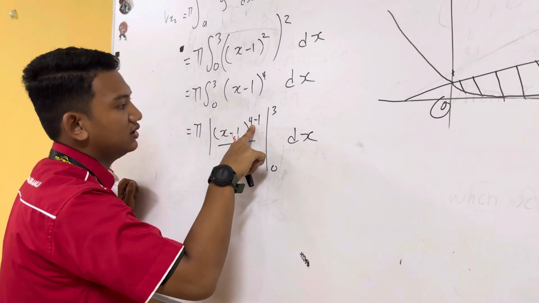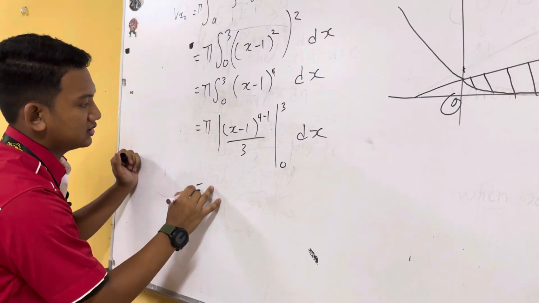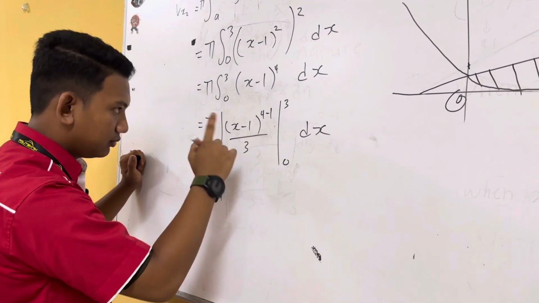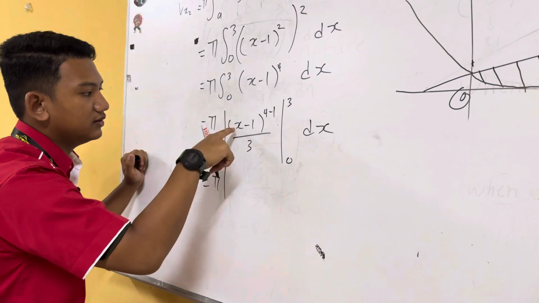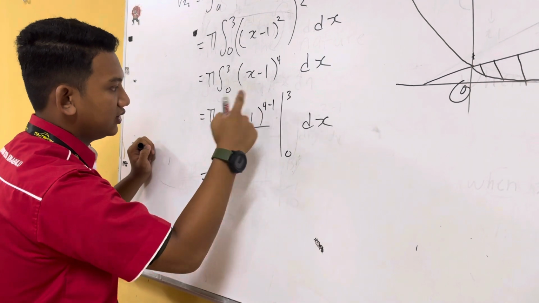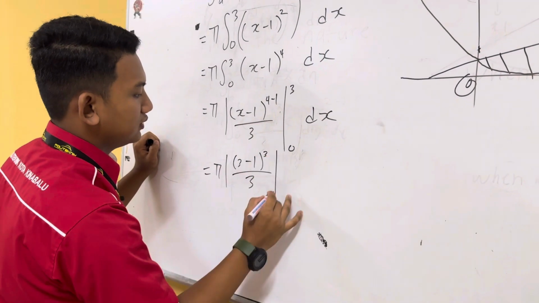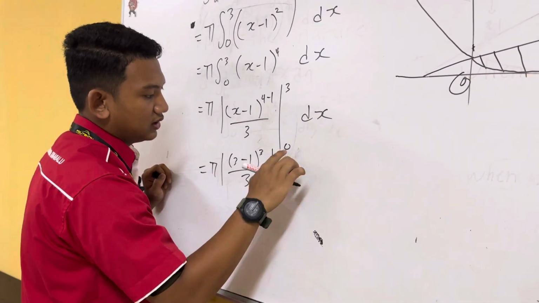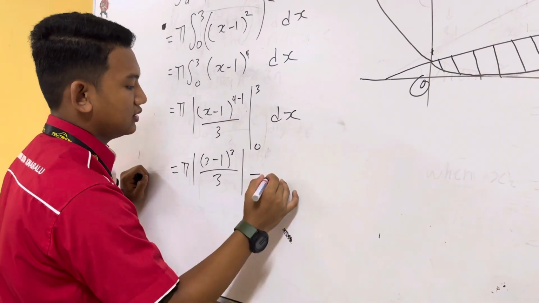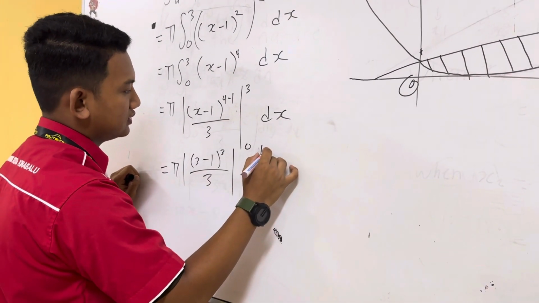Because we bring the value after the minus 1 to here. Next step, the limit values change with the x. So bring it to 3 minus 1, that is 3, 3.